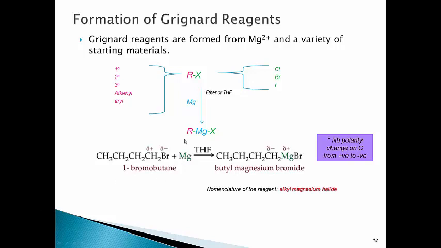The magnesium squeezes in between the alkane chain and the bromine, and we get our CH2MgBr at the terminal end. So it's now called butyl magnesium bromide. Magnesium bromide is the parent name of this molecule, and the butyl is the substituent coming off it.